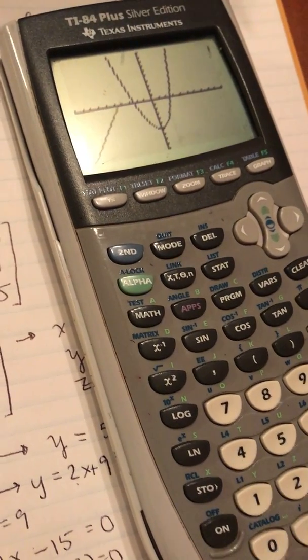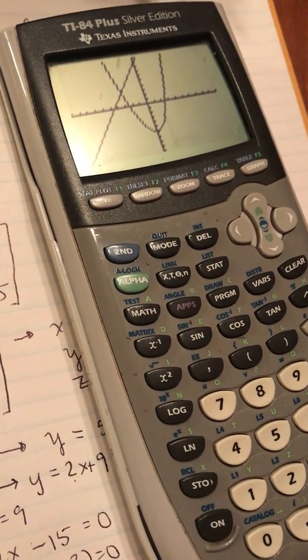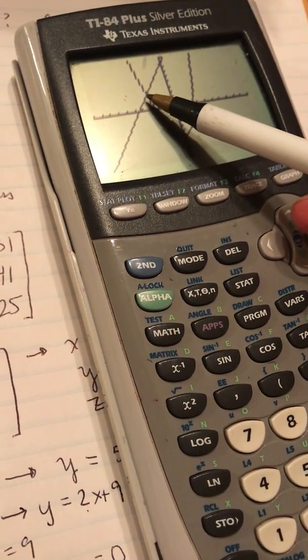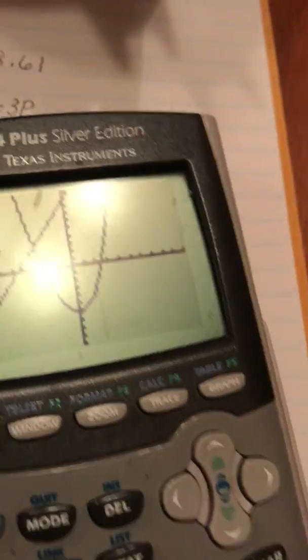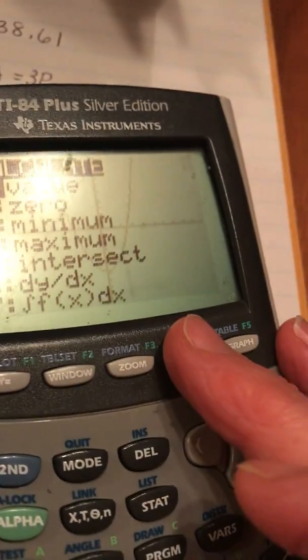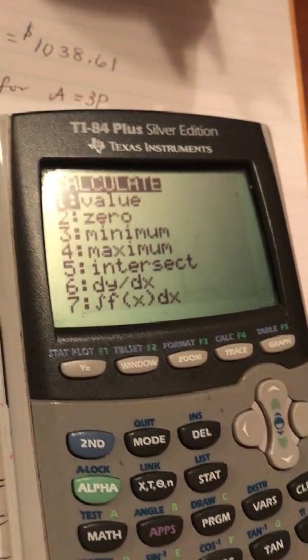There's the parabola. There's the line. All right, so we actually can only see one of the intersection points right there. It looks like the point negative 3, 3. Yep. And in fact, you can have your calculator find it if you go second calc, intersect, number 5.